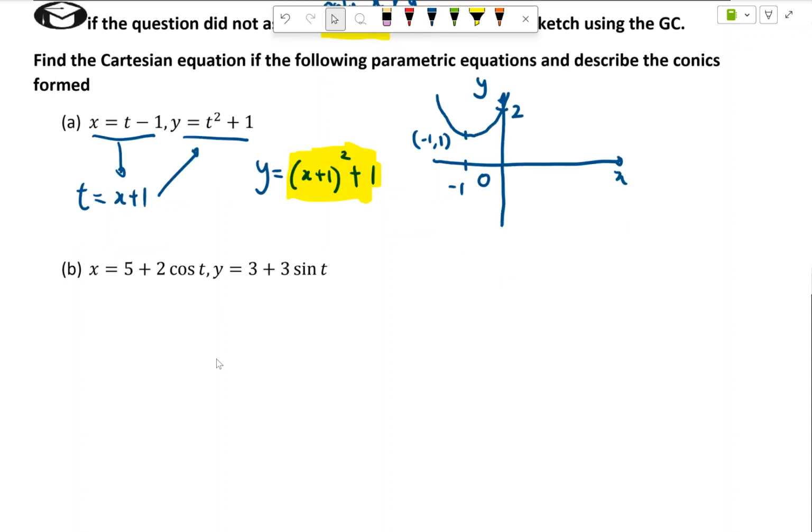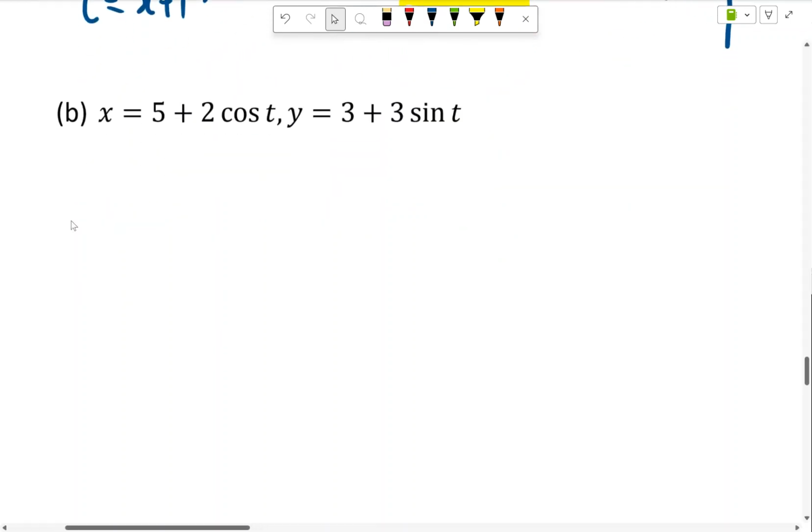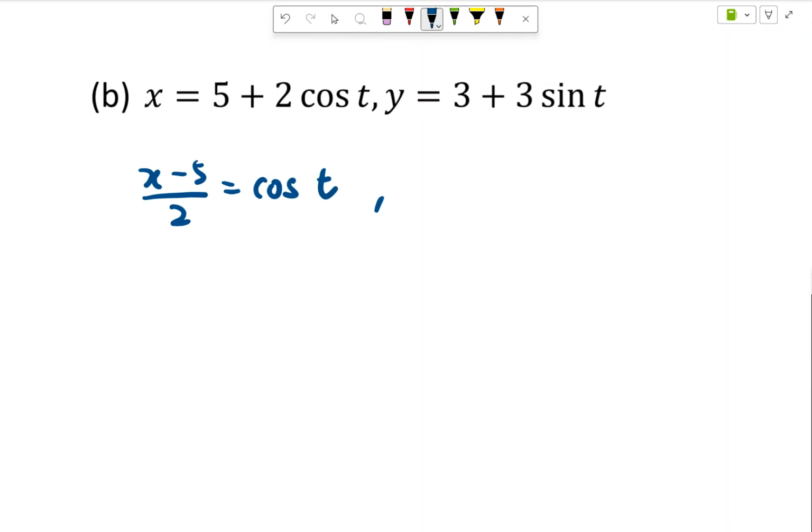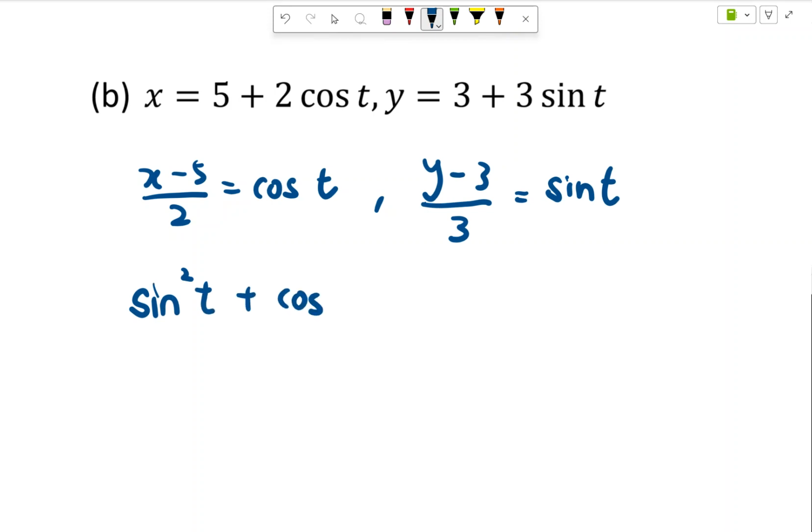When you see cosine and sine, the most important thing is to make sine and cosine the subject. So over here I have x minus 5 over 2 equals cosine t, making cosine t the subject, comma, y minus 3, bring the 3 over, 3 equals sine t. Okay, so I have to use the identity sine square t plus cos square t equals 1.